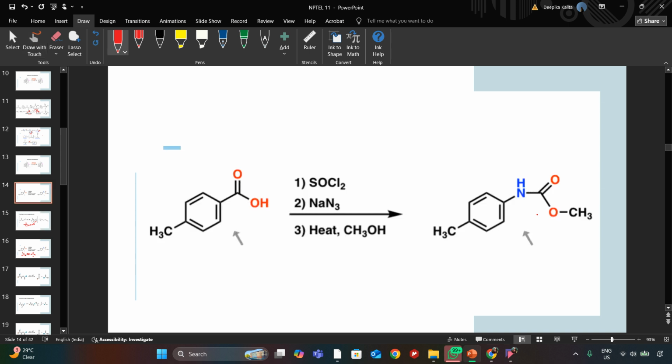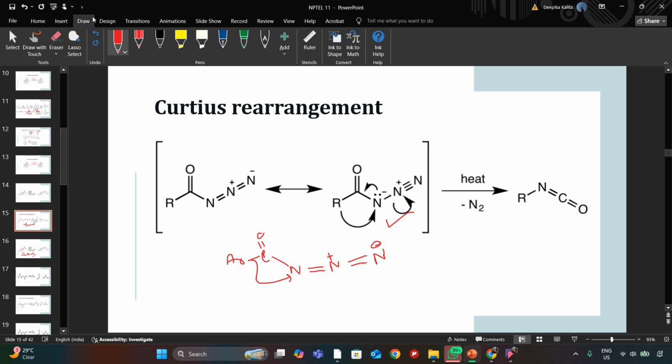And lastly, since in the question it is heated with methanol, the isocyanate is going to react with a methanol molecule to give us this carbamate as the final product.